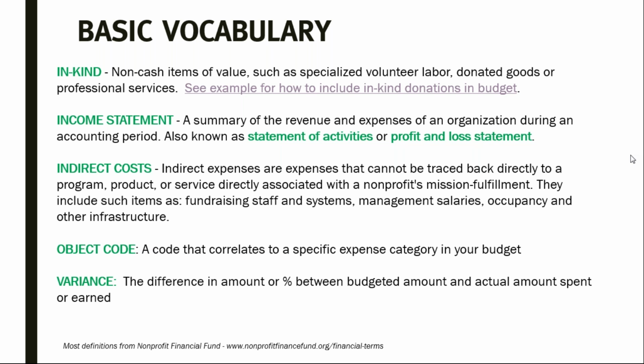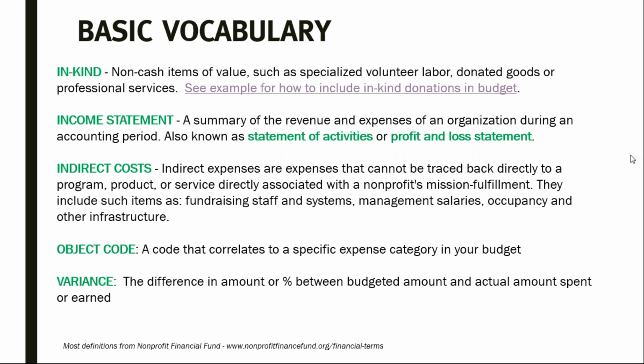Wonderful. And object code is another term that's very related to the cost string. So a cost string will be a series of numbers. The larger your organization is, the more complex that cost string will be. It'll reference many different accounts and expense categories.